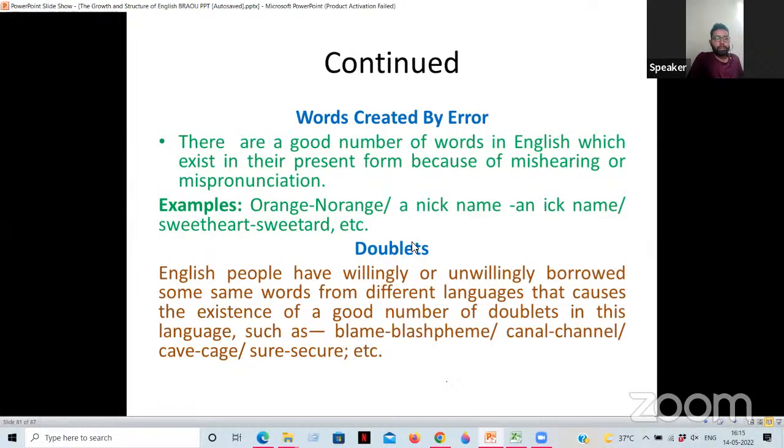One is blame, another one is blasphemy, but both mean the same thing. One has been taken from French, another one is taken from Greek. Then we have canal, channel, cave, cage, sure, secure. So these are the cases of doublets.